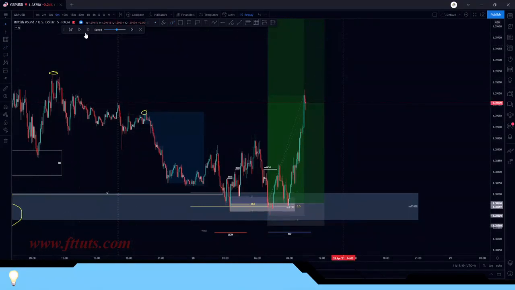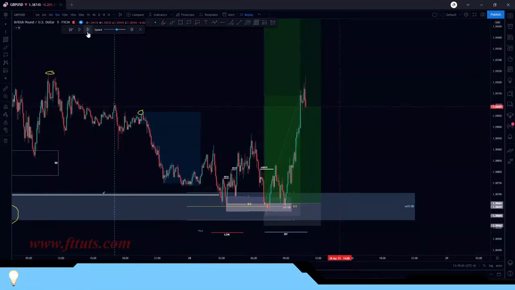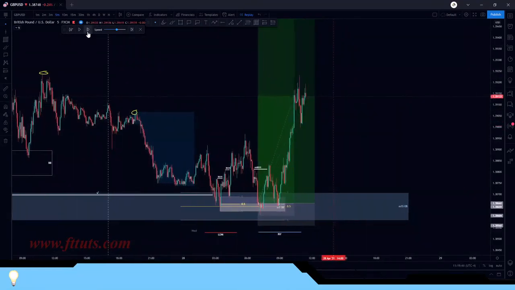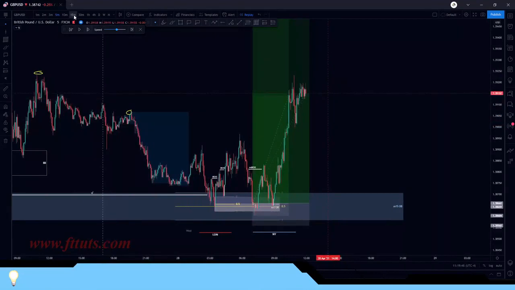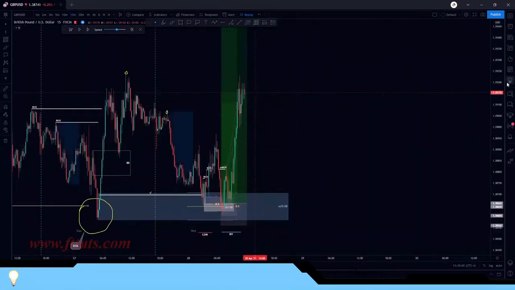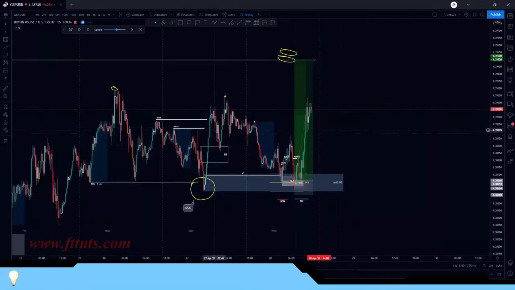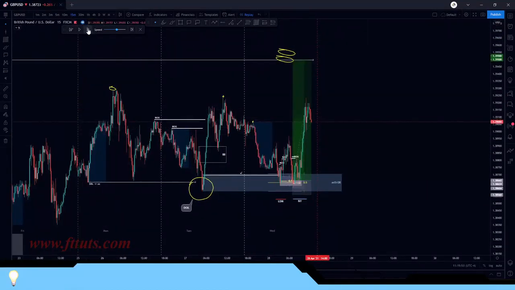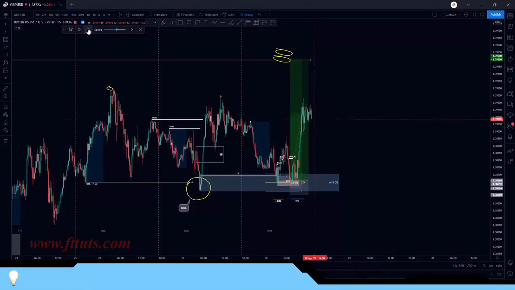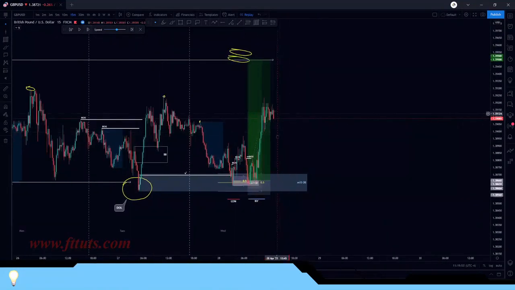So as price was moving to the upside, right, we knew that once we approached the 2 p.m. mark, let's go to the 15 minutes to make this a little quicker. Once we approach the 2 p.m. mark, we could expect to see somewhat of a manipulative move and then continue to the upside potentially, right?